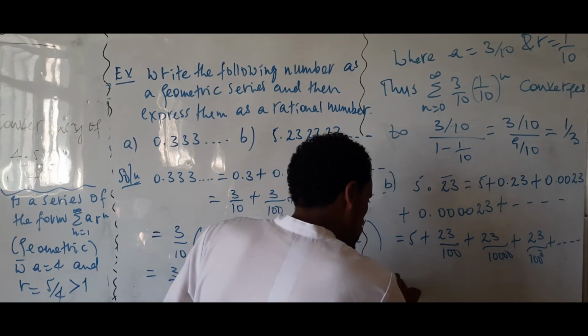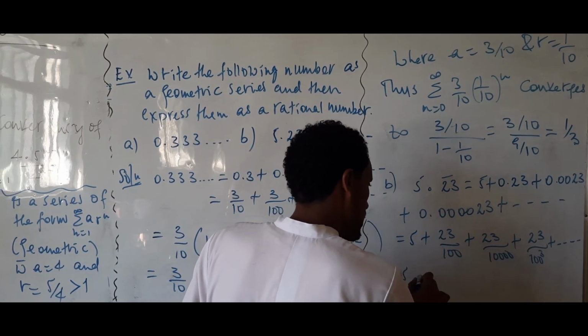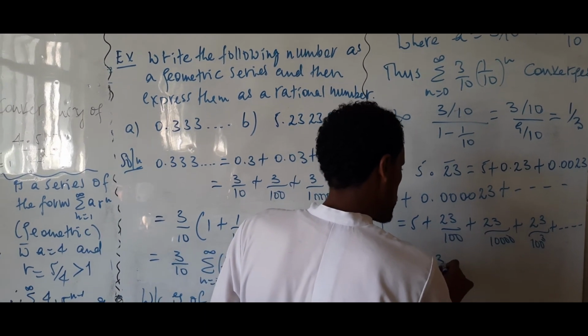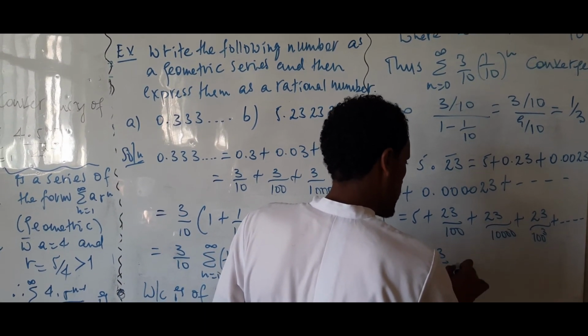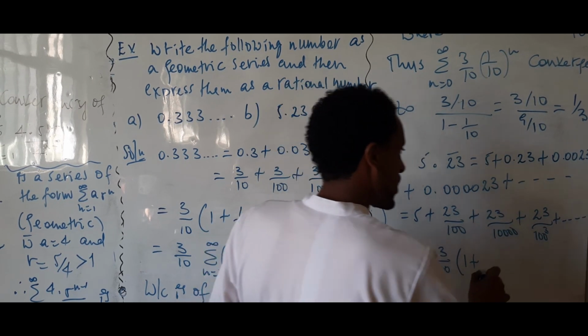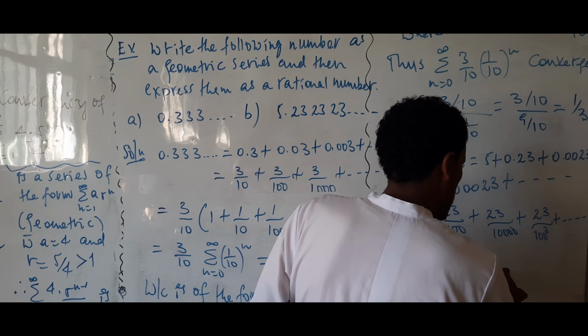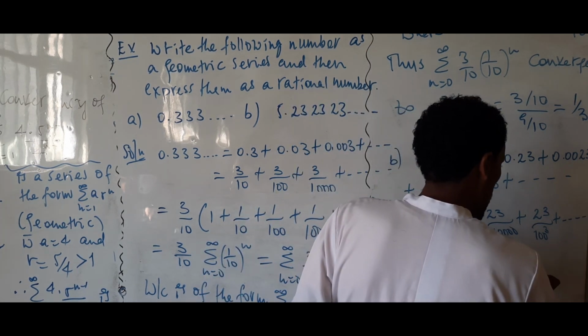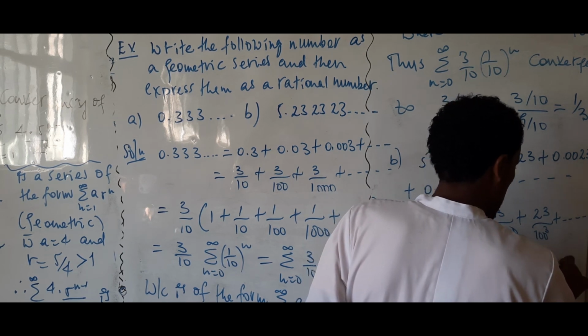This is equal to 5 plus 23 over 100 times 1 plus 1 over 100 plus 1 over 100 squared plus.